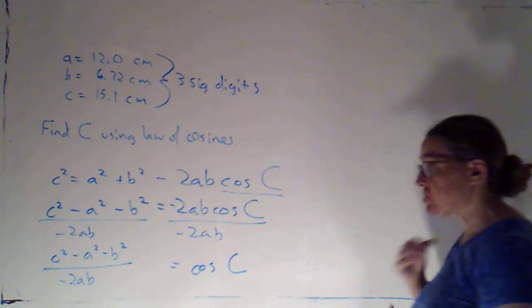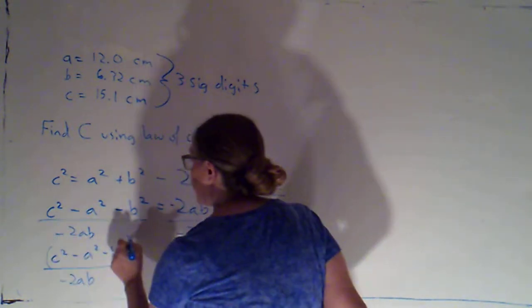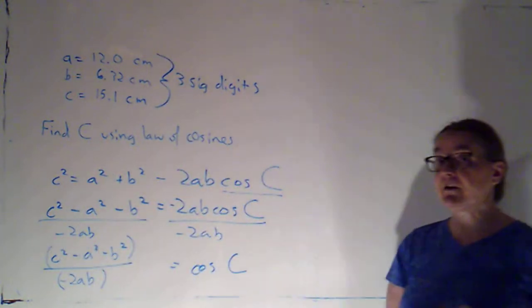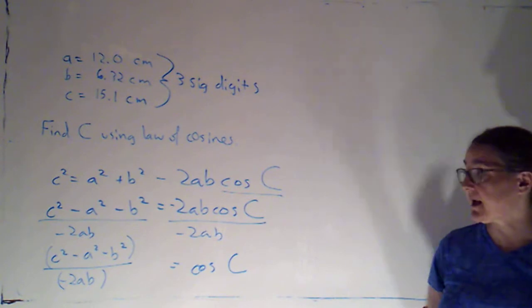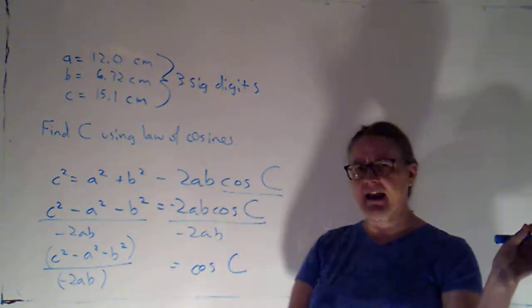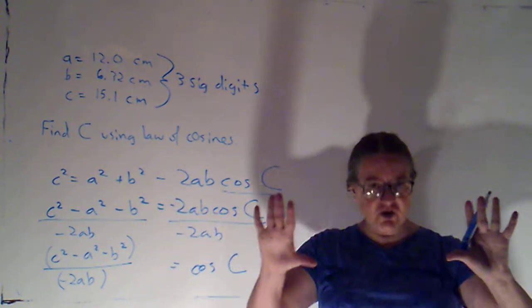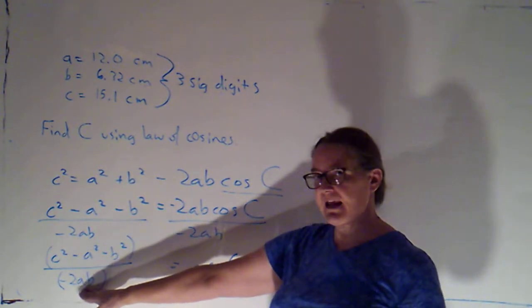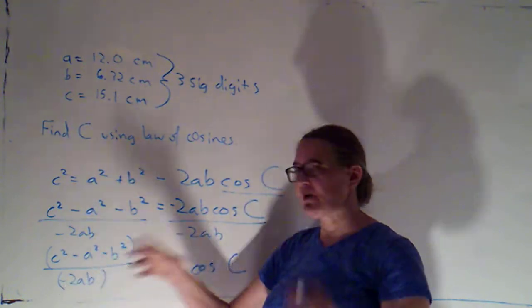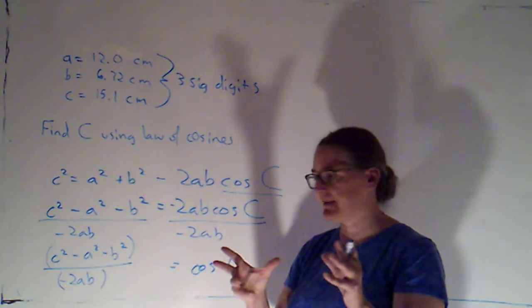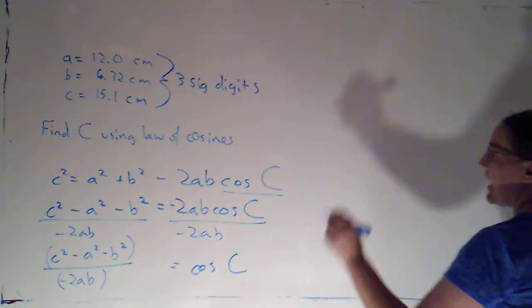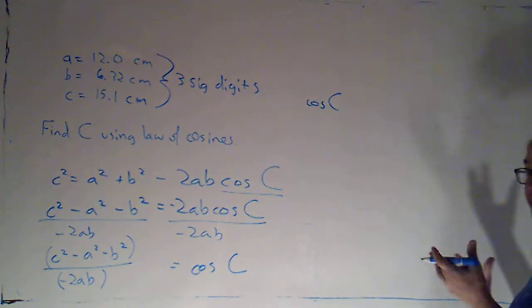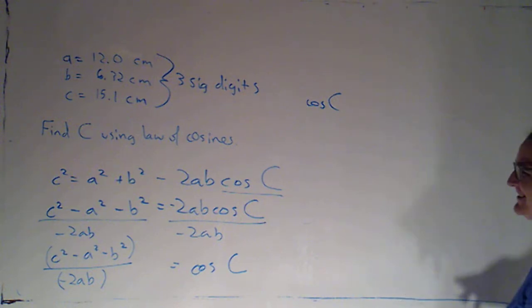Now that fraction has some arithmetic on the top and some arithmetic on the bottom, so I want to be very careful when I enter it into my calculator. Usually after I enter the top, I just hit equals, so it does whatever was on the top. But if I want it to divide by this multiplication problem, I need to remember to put that in parentheses. I like to write those parentheses when I copy it down on paper so I don't forget them when I punch it into the calculator.